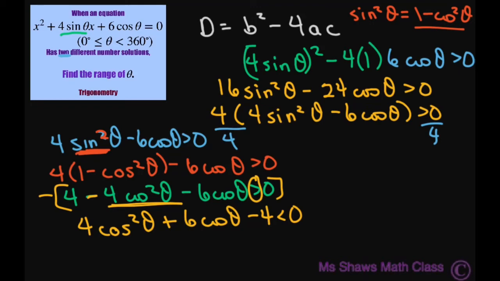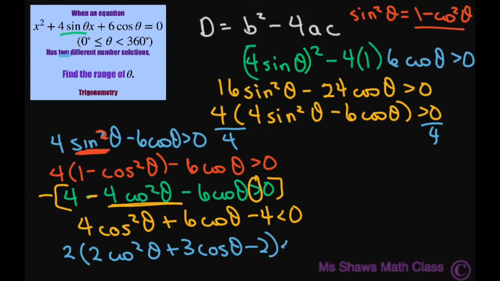All right, so basically I can factor out a 2. That'll give me 2 cosine squared of theta plus 3 cosine of theta minus 2 has to be less than 0. You can divide both sides by 2, so that goes away.